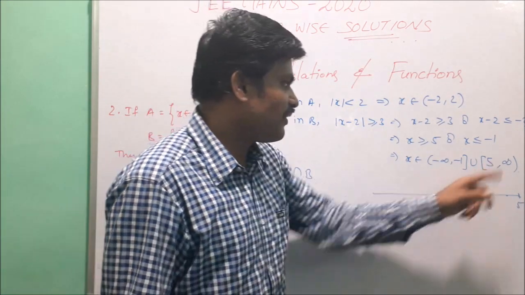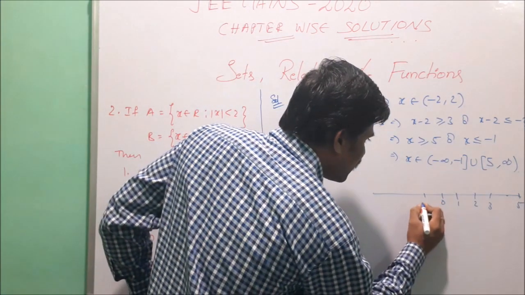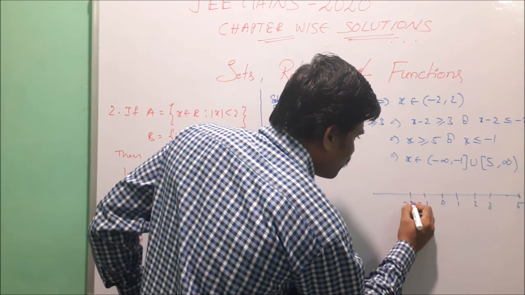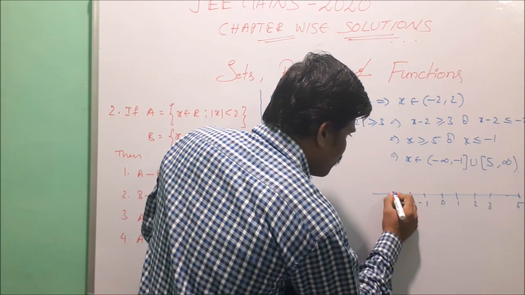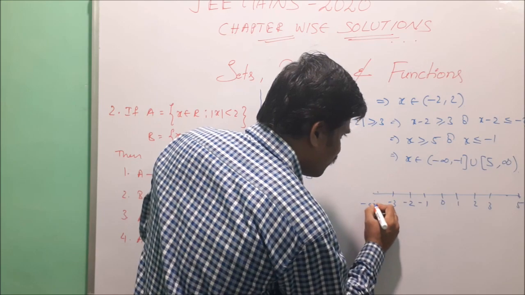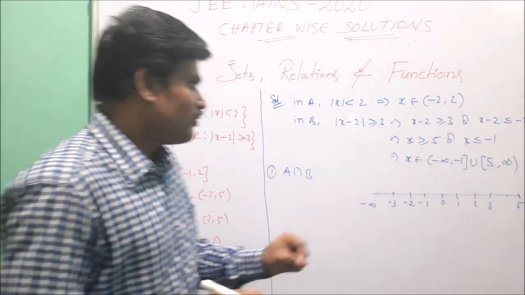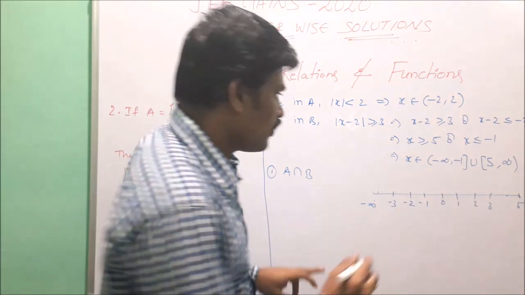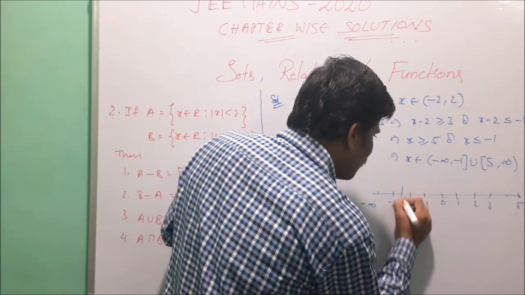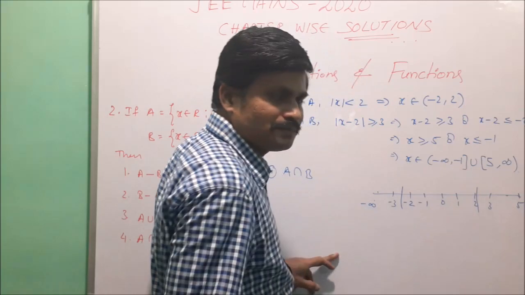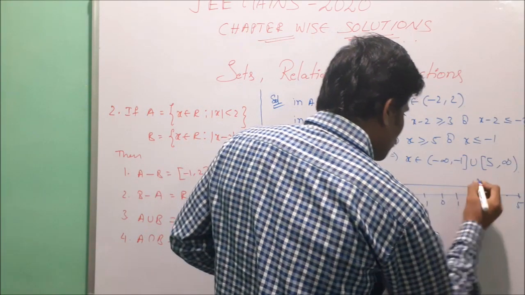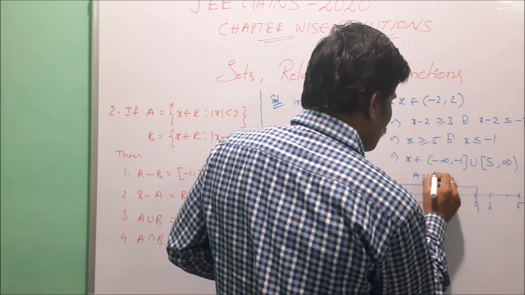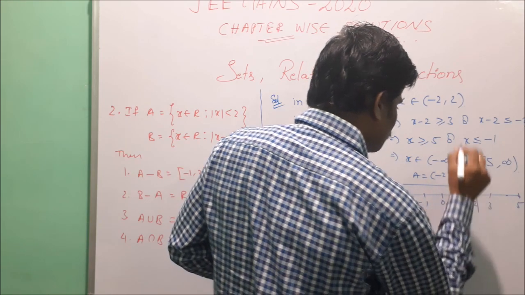Similarly, on the left side minus 1, minus 2, minus 3 and so on up to minus infinity. Now insert the interval A, that is minus 2 to 2, open. So A equals open minus 2 comma 2.